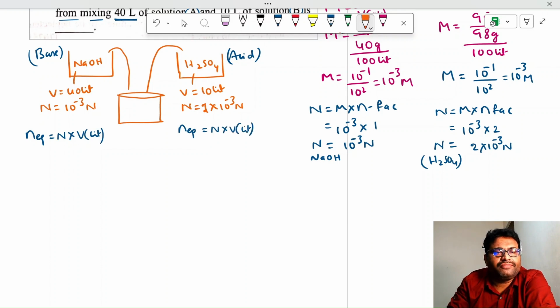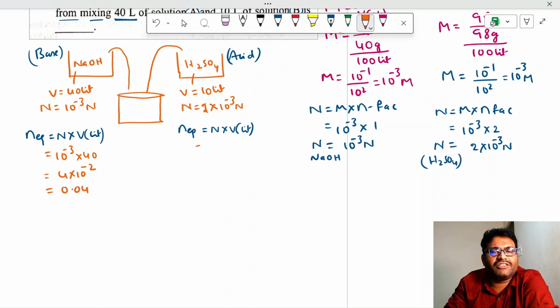So for the base, normality 10 power minus 3 into 40, which is 4 into 10 power minus 2. We can write it as 0.04.